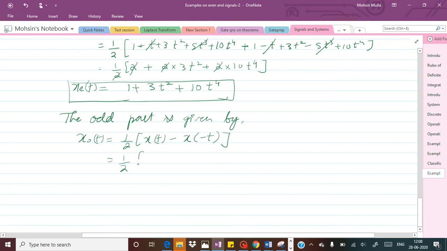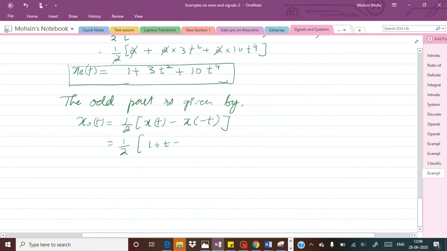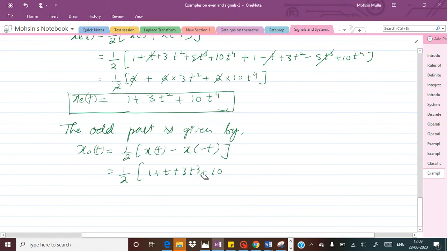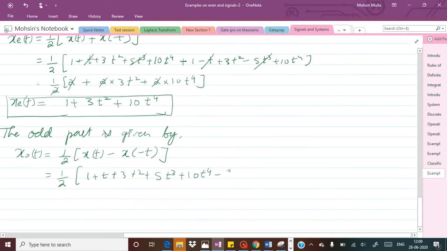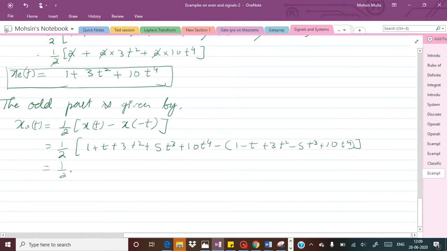Substituting x of t, 1 plus t plus 3t square plus 5t cube plus 10t raised to 4, minus, let us keep a bracket here, 1 minus t plus 3t square minus 5t cube plus 10t raised to 4. So we have to first open the bracket.